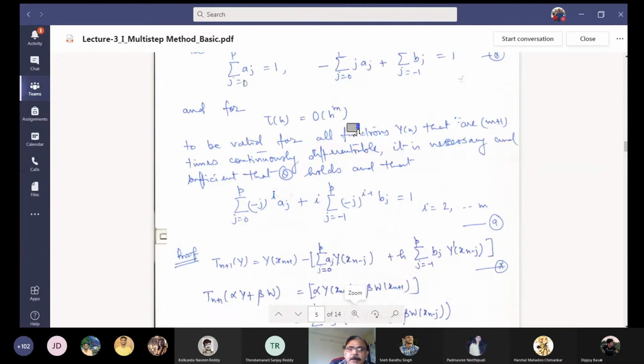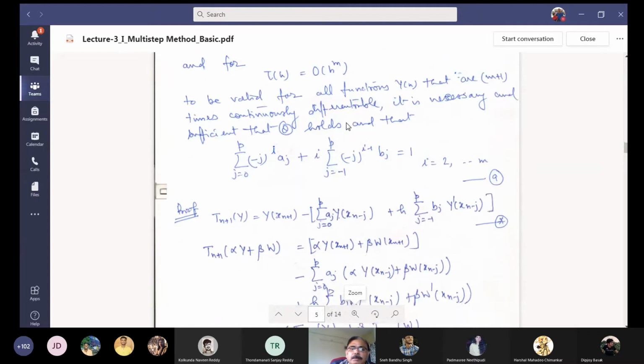The second part is the order of the method, along with that, 8 has to be satisfied, and then further it has to satisfy this equation, that is summation j running from 0 to p of (minus j) to the power i a_j plus i times summation j running from minus 1 to p of (minus j) to the power i minus 1 b_j.